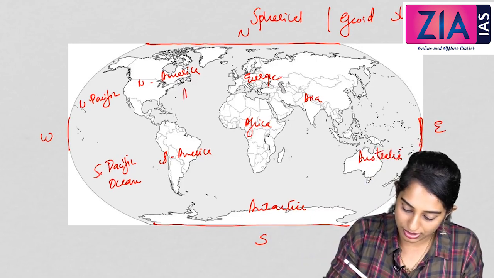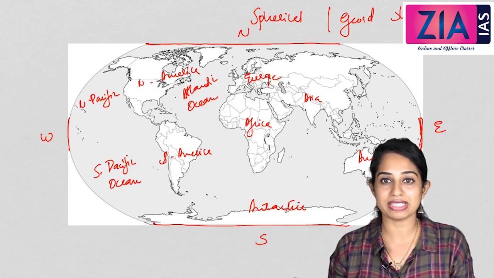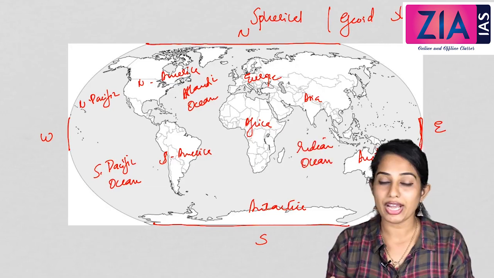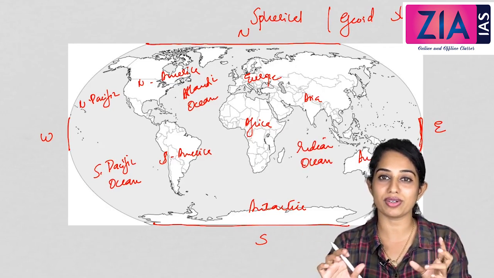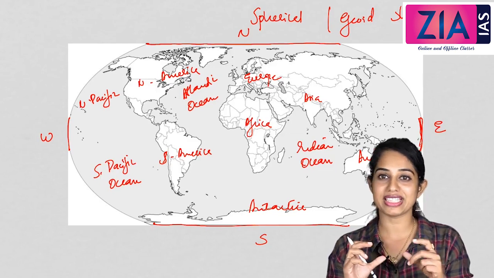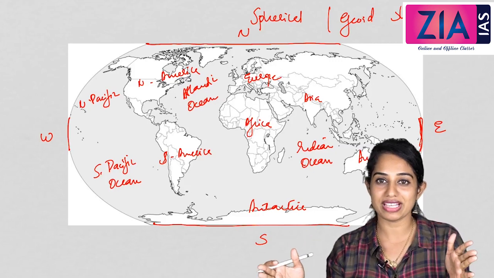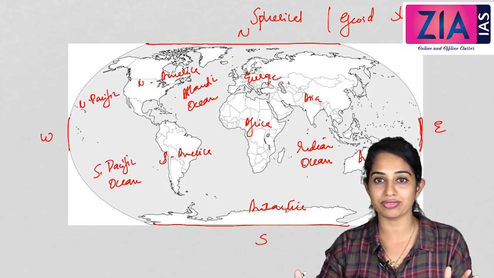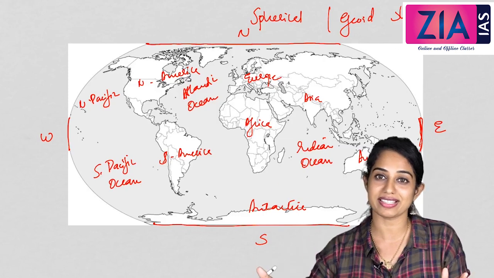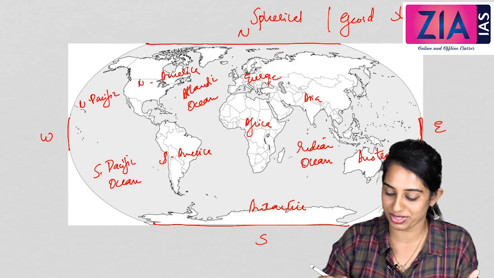Near India we have obviously the Indian Ocean. Towards the eastern part, we know that the earth rotates from west to east, and if you look from the eastern part we can understand that east and west share the same ocean, that is the Pacific Ocean. So towards the eastern side and the western side of the globe we have the Pacific Ocean.